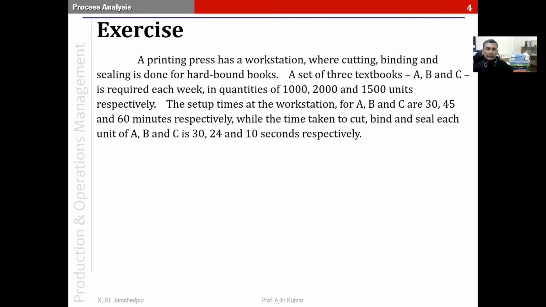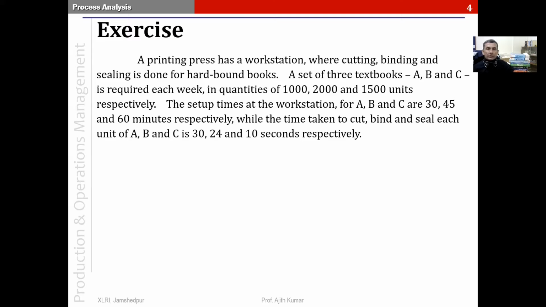Now let's do an exercise to understand how a batch process works. A printing press has a workstation where cutting, binding, and sealing is done for hardbound books. A set of 3 textbooks, A, B, and C, is required each week in quantities of 1,000, 2,000, and 1,500 units, respectively. We can think of this as the demand from the market for that set of books.